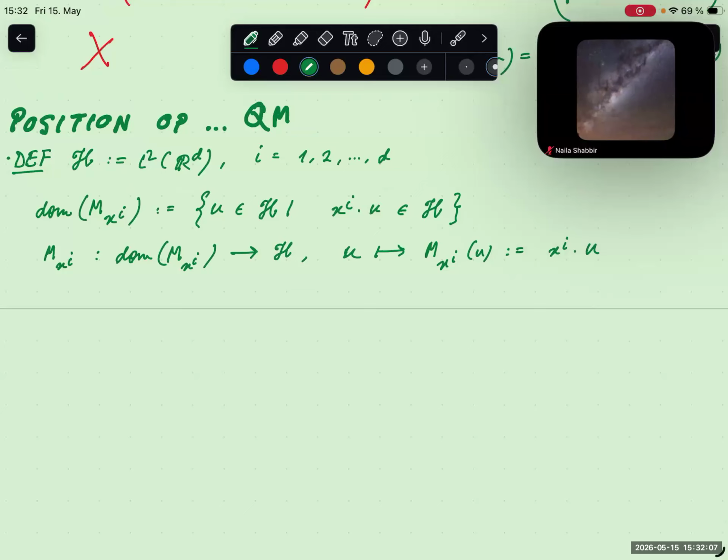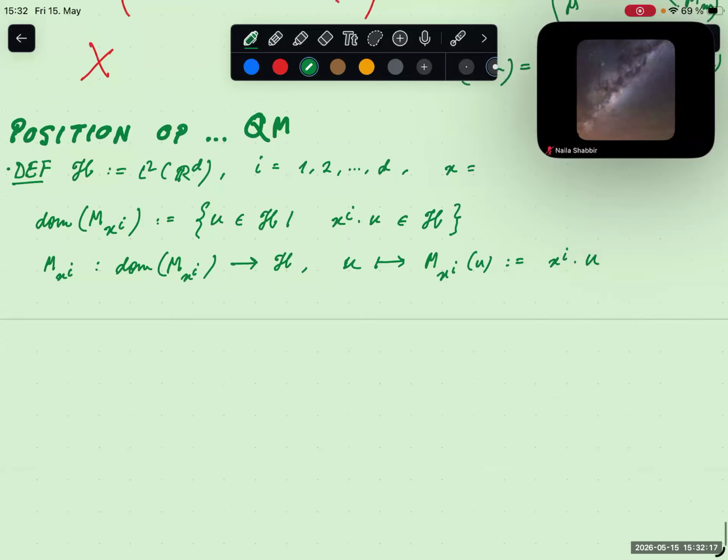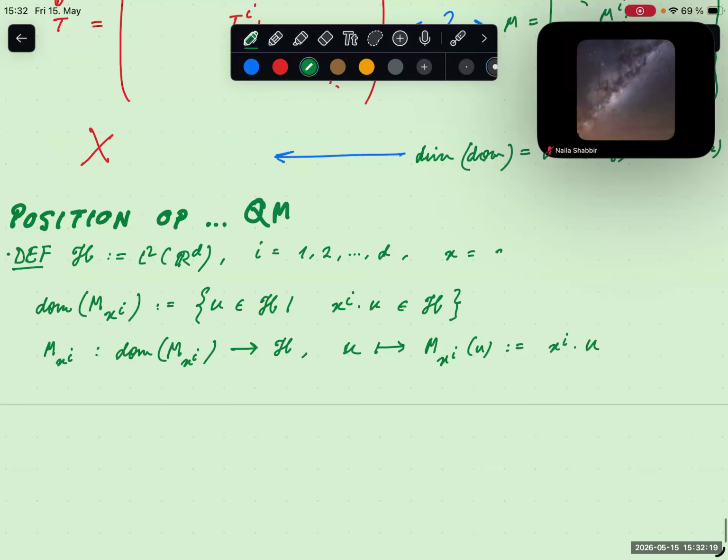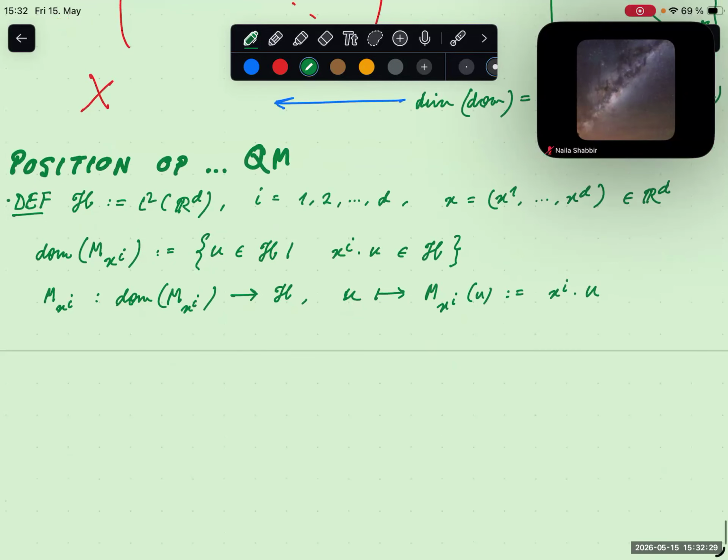And x_i is the ith component of the vector x. So maybe I should write somewhere here. x equals to x_1 dot dot dot x_d. This is a vector in R^d. Okay, so that is called the position operator.